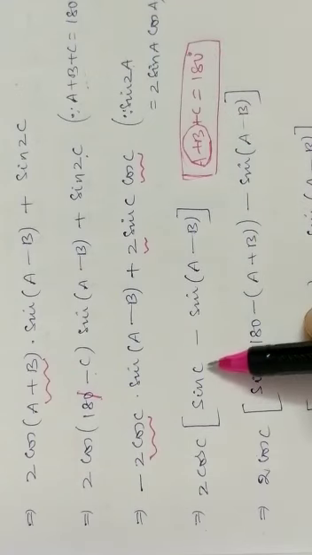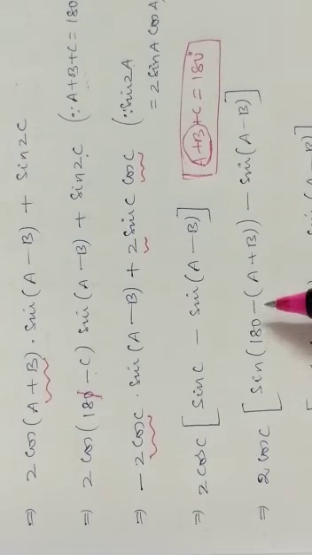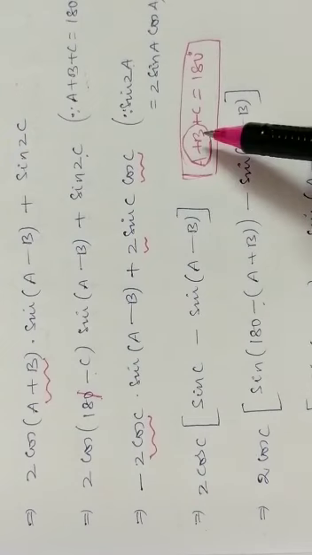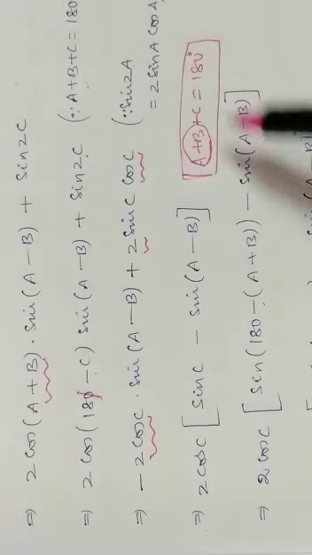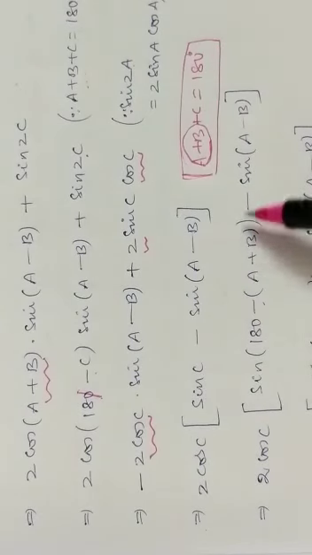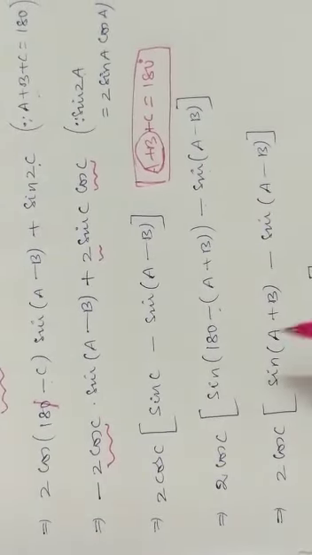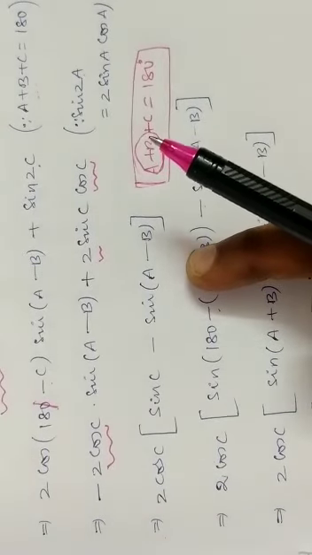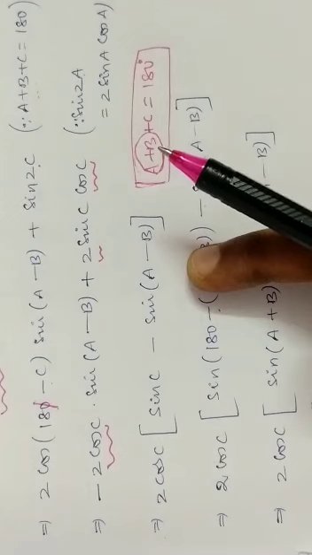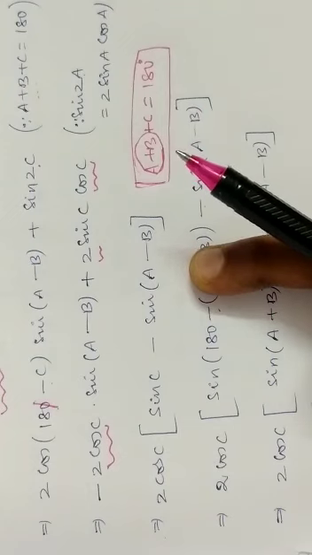So in the place of c, I have written 180 minus (a plus b), minus sin(a minus b). 180 minus theta, treat this as theta. 180 minus theta comes in which quadrant? Second quadrant. In the second quadrant, sin is positive.